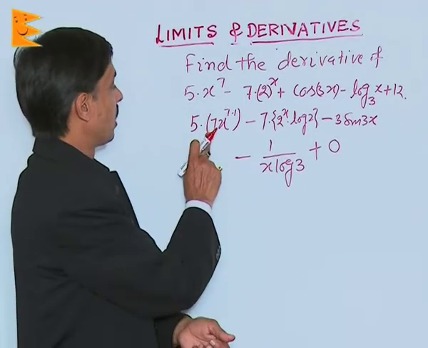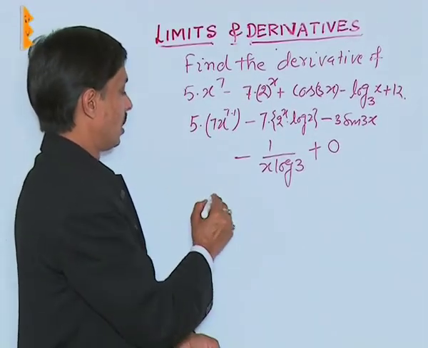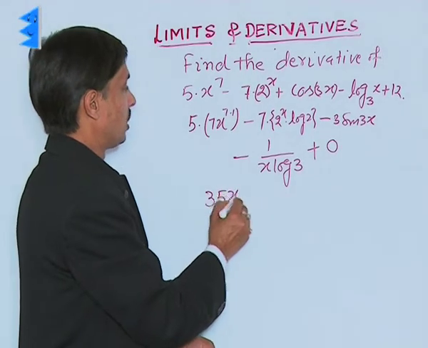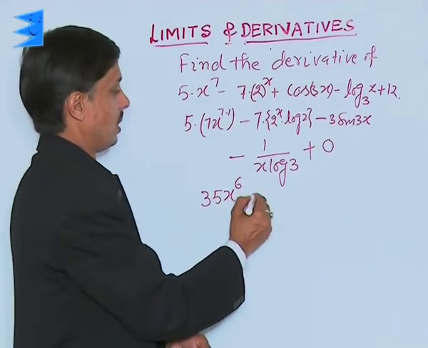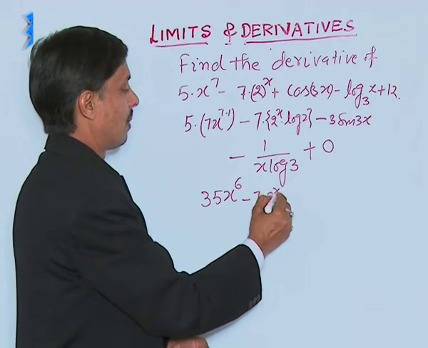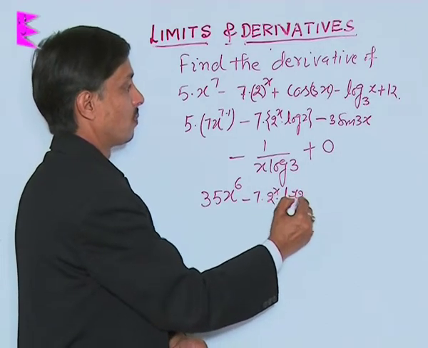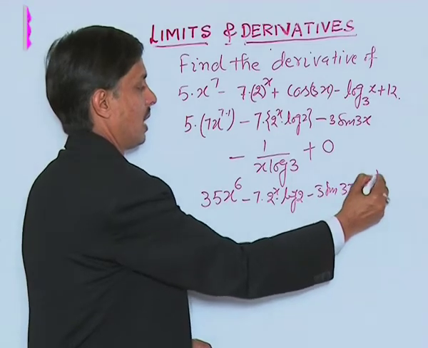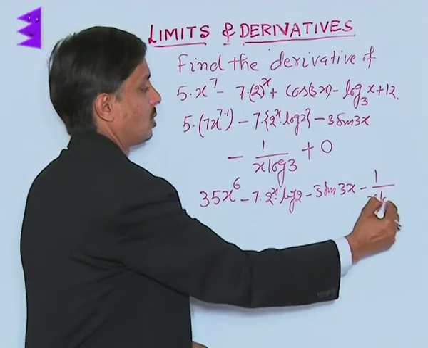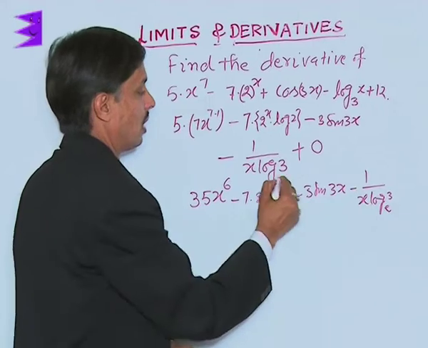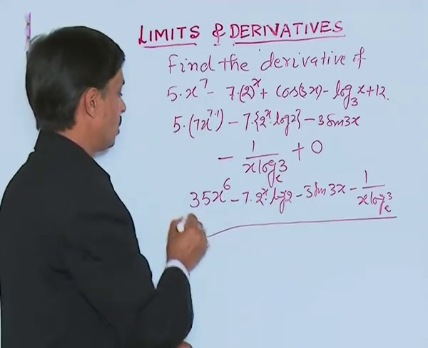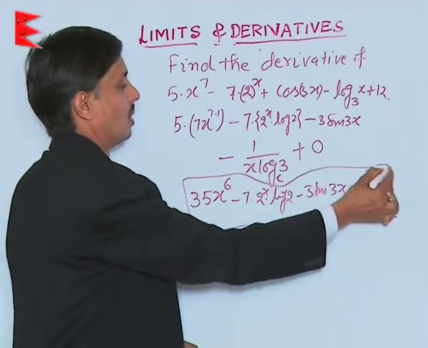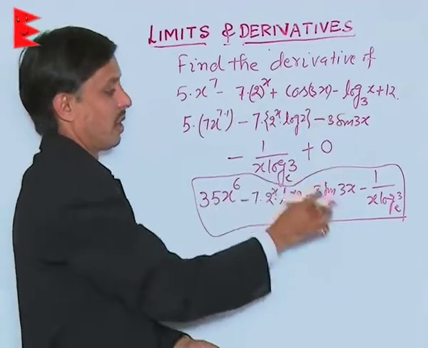Hence we can conclude it is 7 into 5, which is 35 x raised to the power 6, minus 7 into 2 to the power x into log 2, minus 3 sin 3x, minus 1 upon x log 3 under the base e. This is the derivative of the required problem.